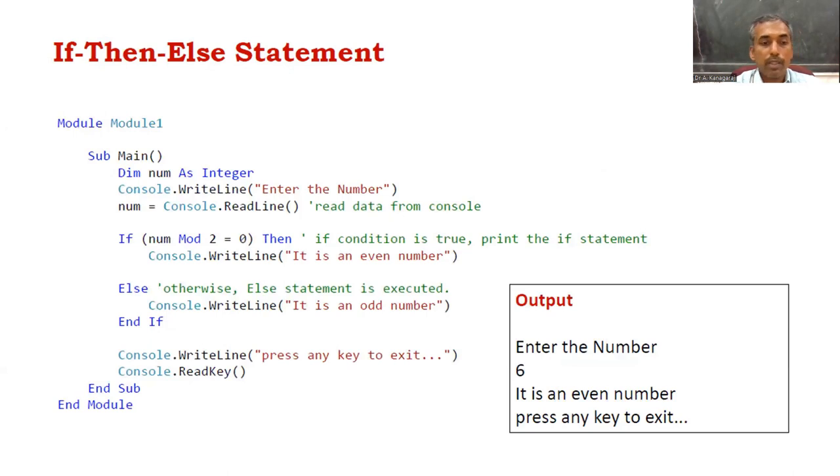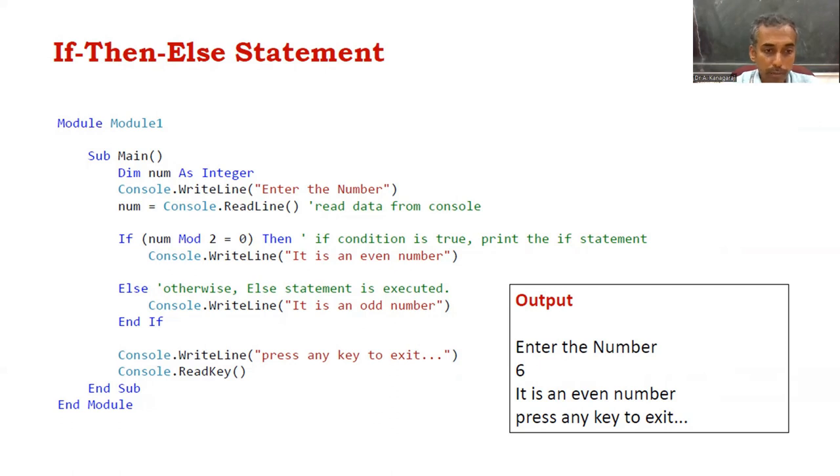Say for example, here we have declared num as an integer variable, and we are retrieving the value for num by using Console.ReadLine. Suppose we gave 6 for num, and in the If condition we will check whether num Mod 2 equals 0 or not.